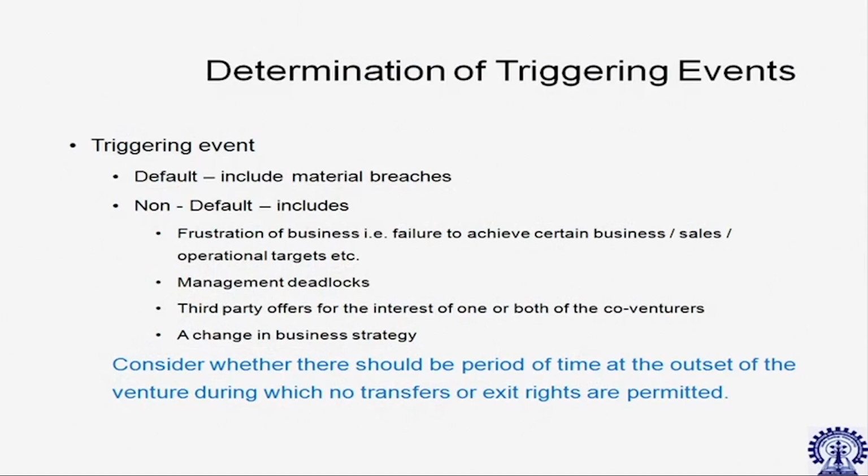Next one is a change in business strategy. You have changed the business strategy because of several reasons. It might be a change in the regulatory environment. It might be a change in technology. It might be a change in consumer preference.